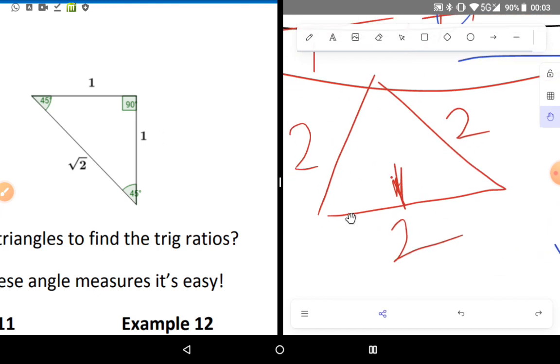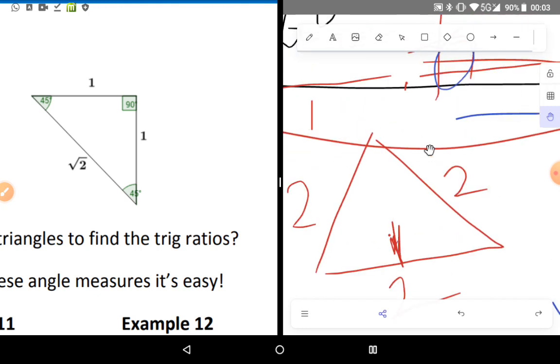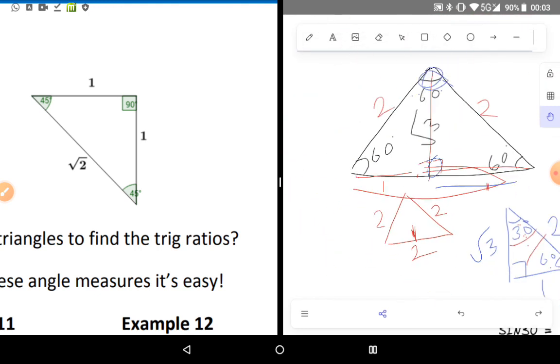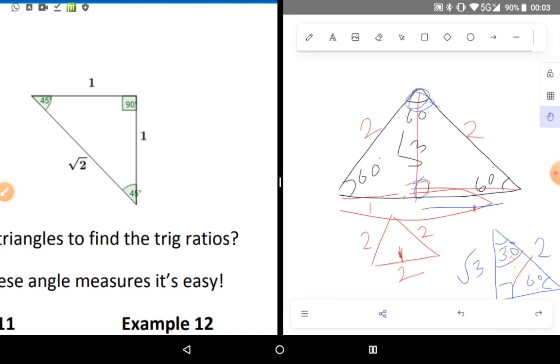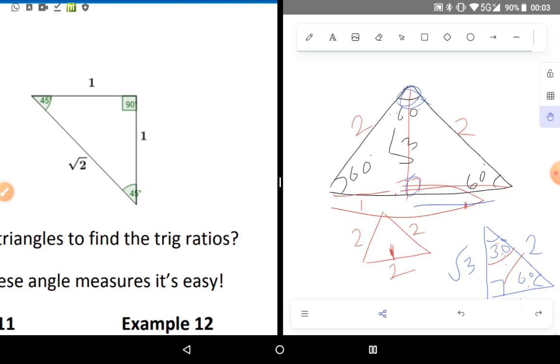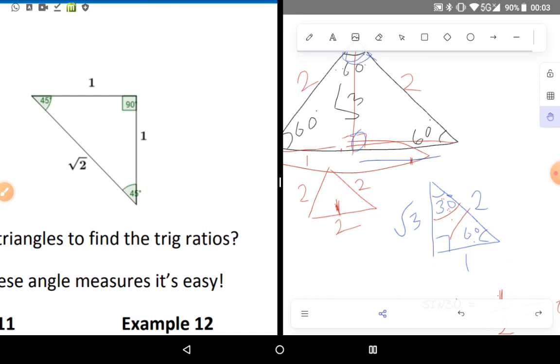That being said, sharing it into 2, we put root 3 on this side. This is going to be the opposite if you are working with angle 60, and it's going to be the adjacent if you are working with angle 30, just like what we have here.